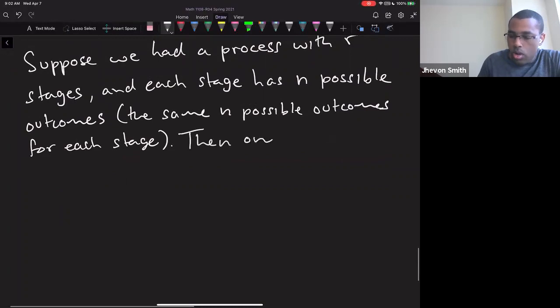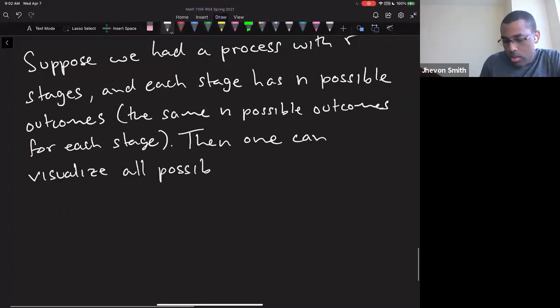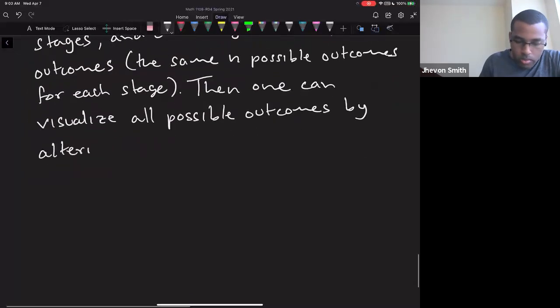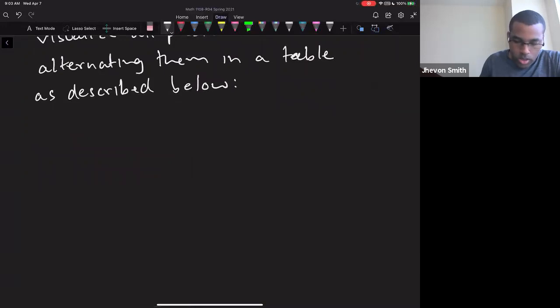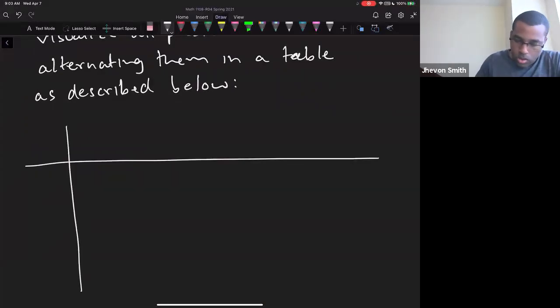Then one can visualize all possible outcomes by alternating them in a table as described below. So dot, dot, dot.